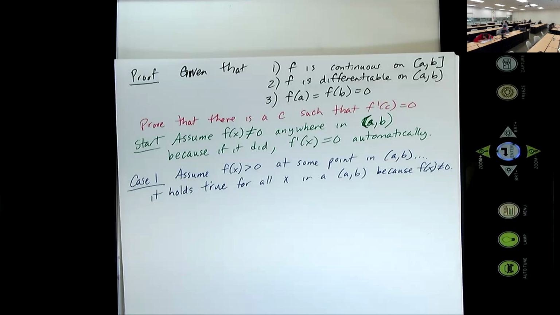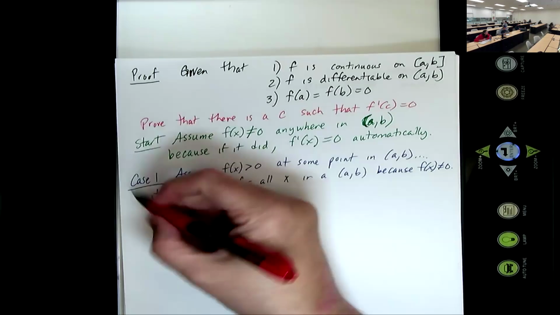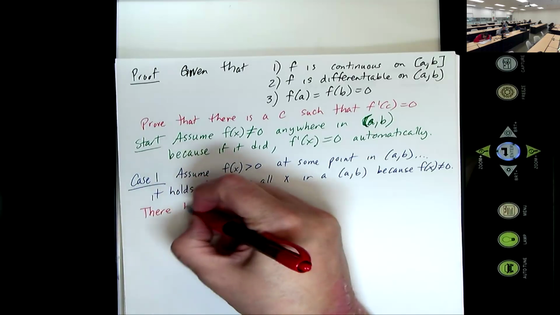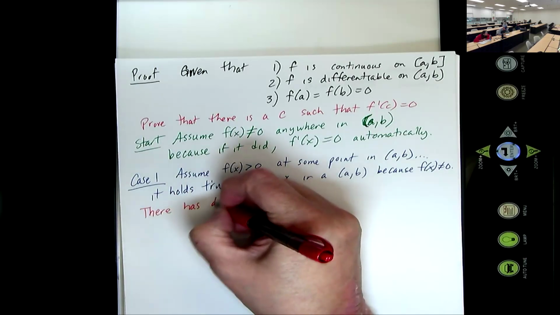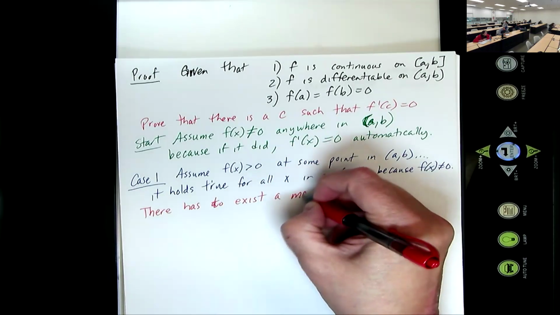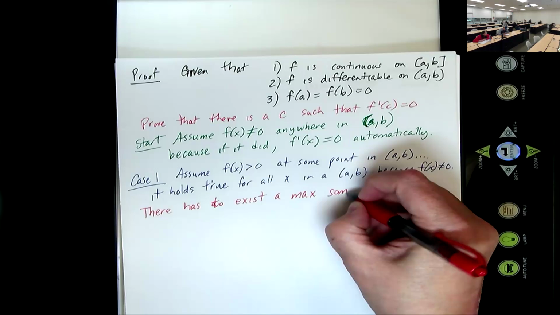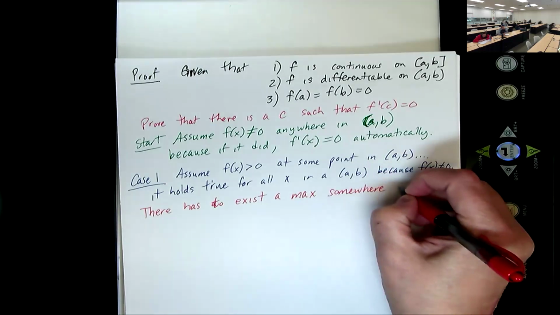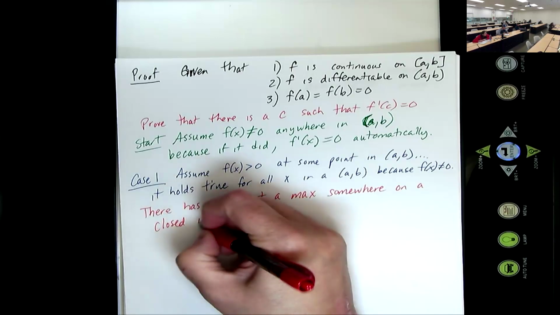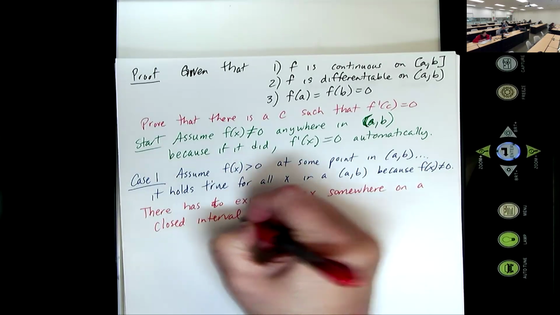And since we're looking at a closed region, there has to exist a max somewhere on a closed interval by the extreme value theorem.